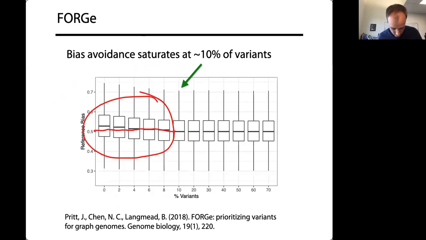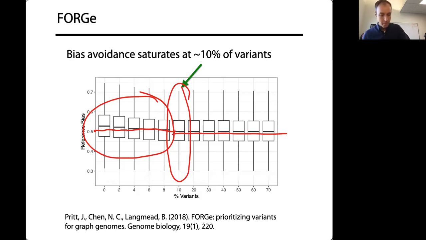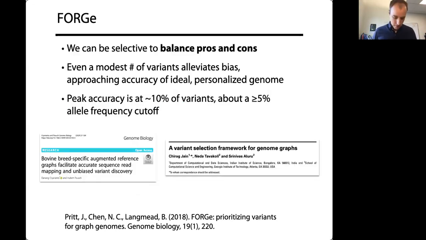They're not centered on 50-50. They're a little bit above because there's a reference bias. But once we get to the point where we've included 10% of the variance in the reference graph, that's where finally we end up with a box plot that's centered on 50-50, and it stays there as we add more variance.